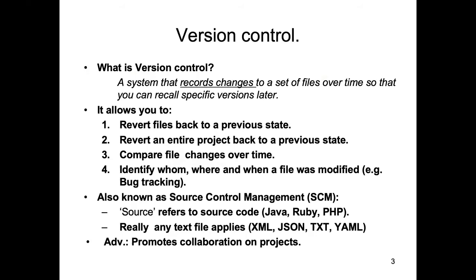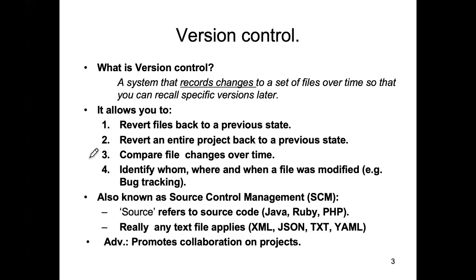And what these version control tools allow us to do then is, I'm kind of listing here, it allows us to actually revert or rewind the state of a particular file or set of files. That's 1 and 2. It allows us to compare the changes that have happened to a file over time.